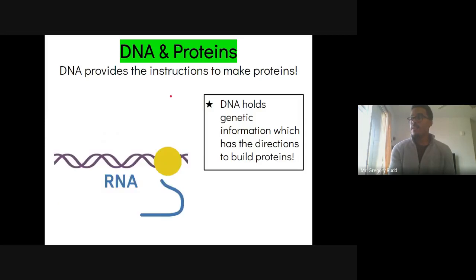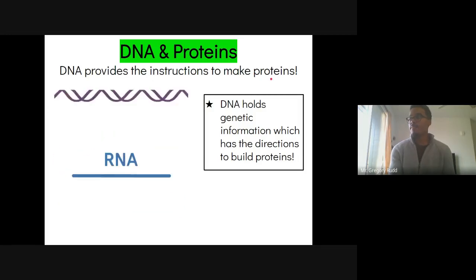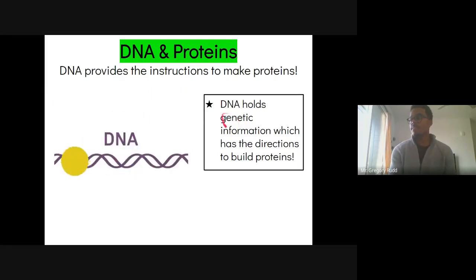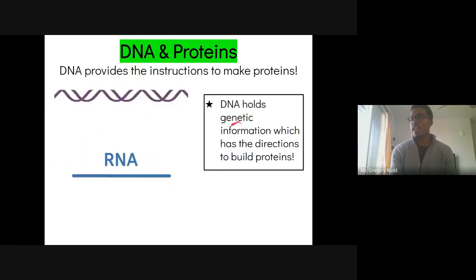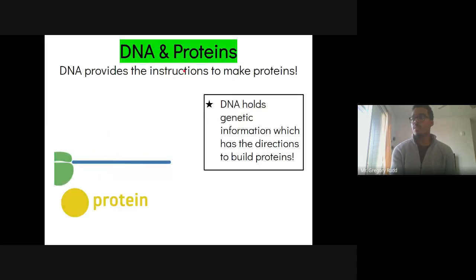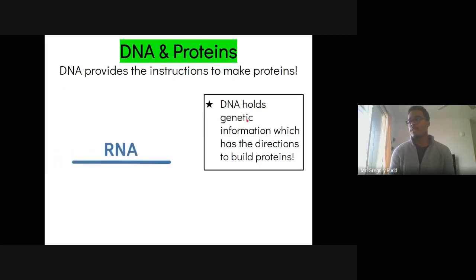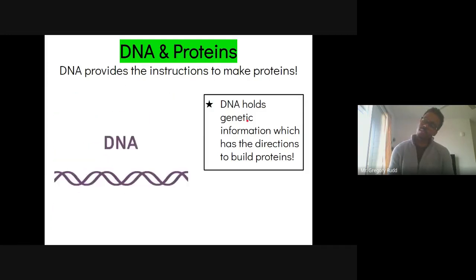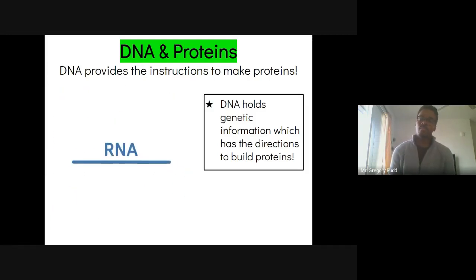You don't have to. They're basically saying the same thing. The only thing I think that's helpful here is this phrase genetic information. So the instructions are really called genetic information. Good question.